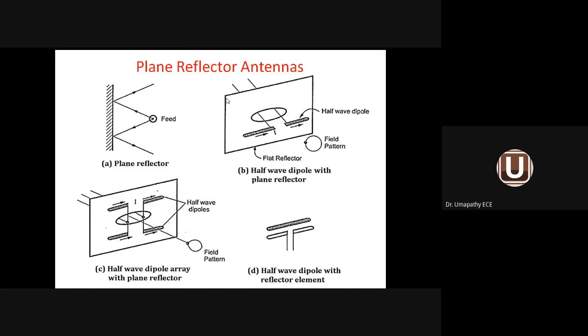Basically, half-wave dipole is the primary antenna and the plane reflector is the secondary antenna. Both put together is called plane reflector antenna. As I said earlier, there are 2 elements available in the reflector antenna. One is called the primary element, another one is called the secondary element. Look at figure A, plane reflector.